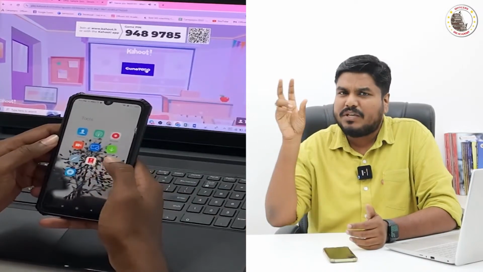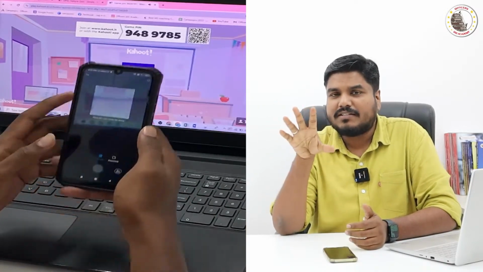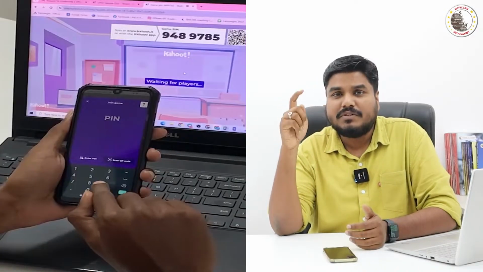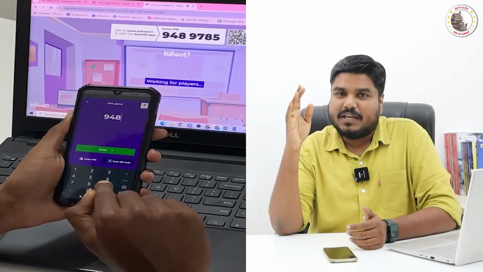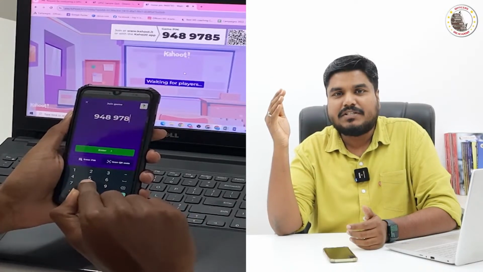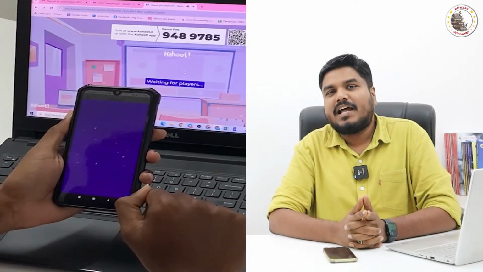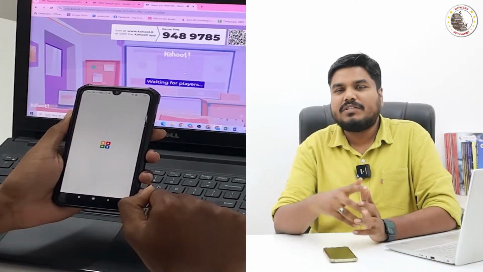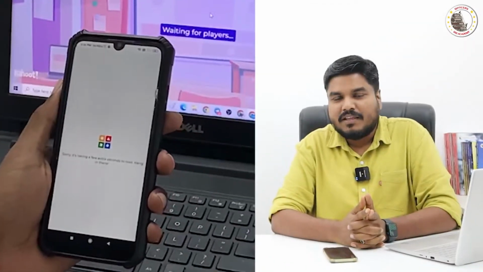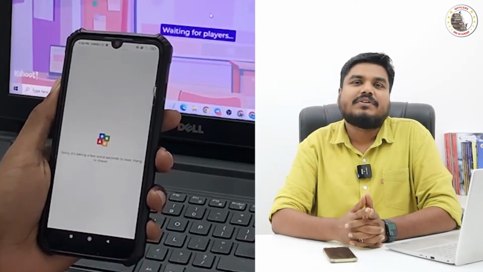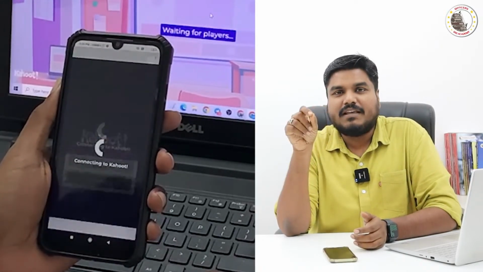Or we will give you a QR code. If you are not interested in installing the application, you can scan the QR code in the web browser and open the web page. In that you can enter this 7-digit PIN and participate in this quiz program. Once you enter the 7-digit number, the application will ask you for a username.